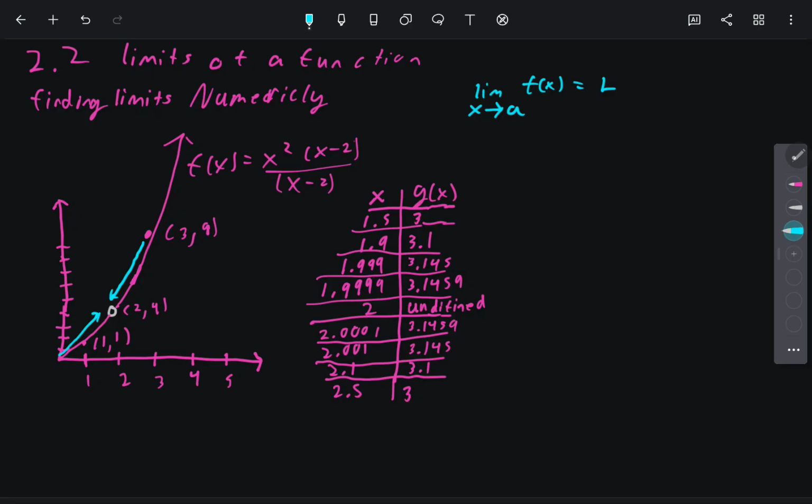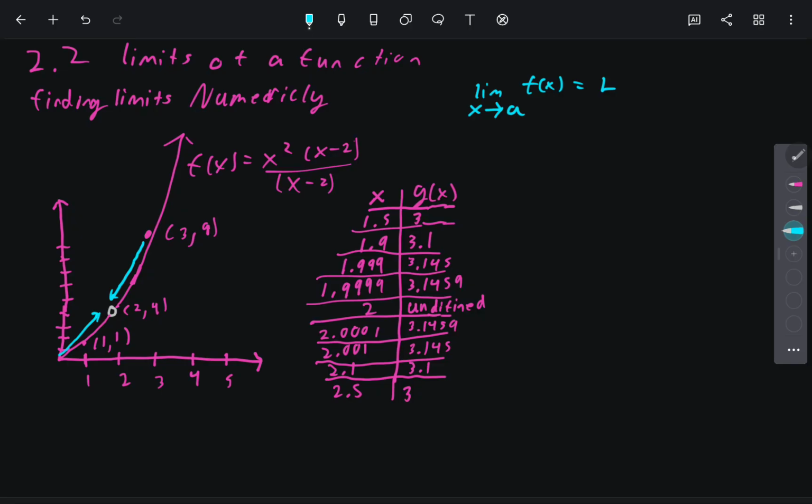So it is important to have that distinction in mind, that the limit of f of x as it approaches a does not always equal f of a. And this is read out as the limit of f of x as x approaches a is equal to L.